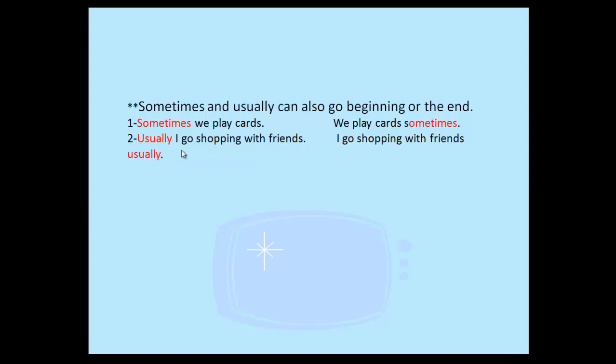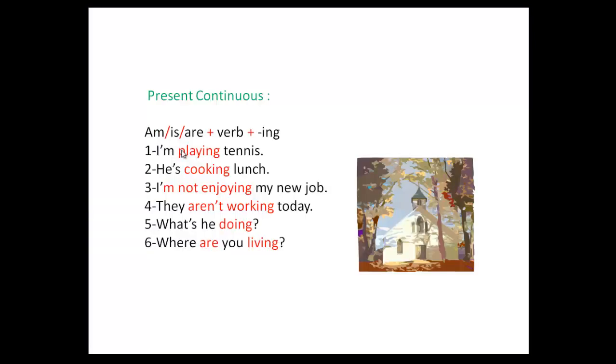Now let's move to the second tense, which is present continuous. The form of this tense, present continuous, is verb to be plus verb plus ing.